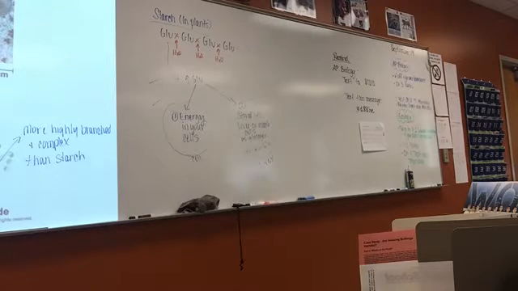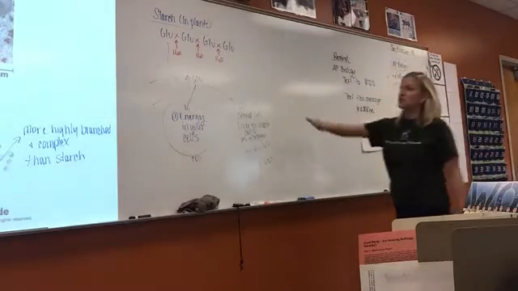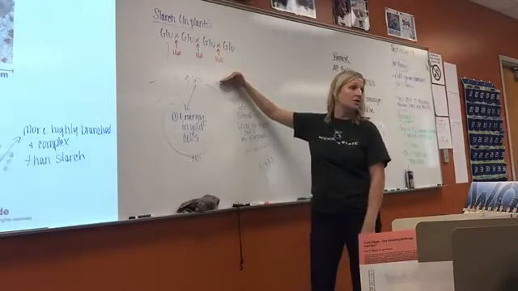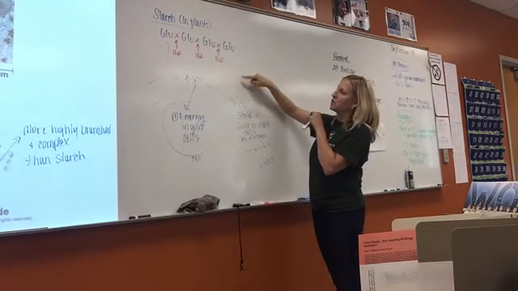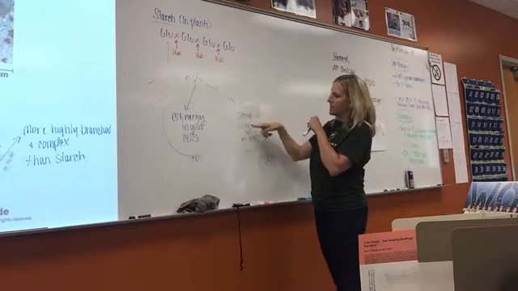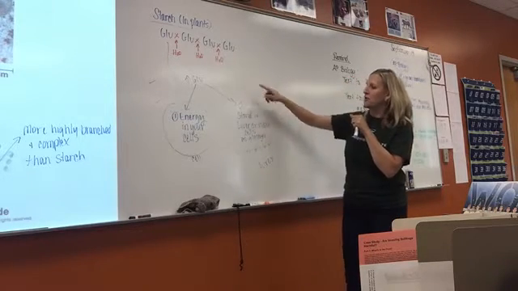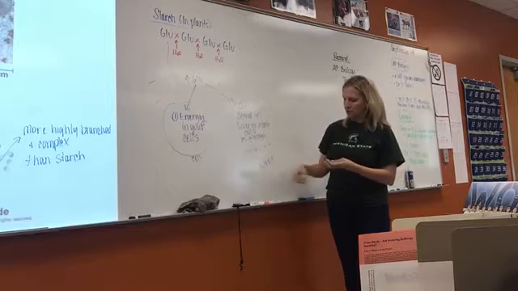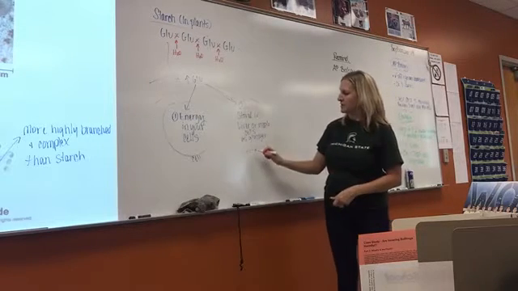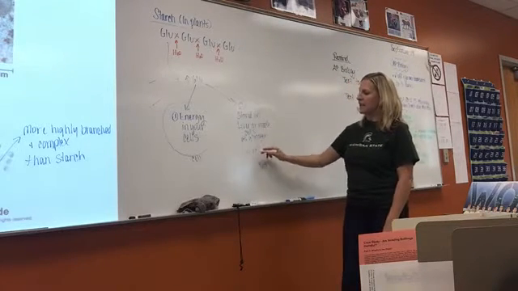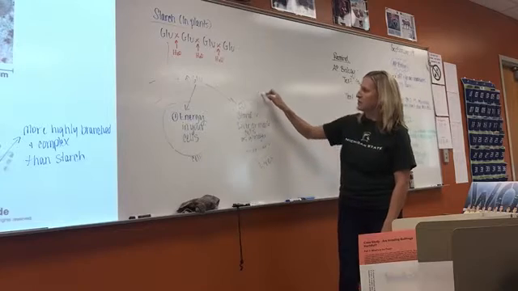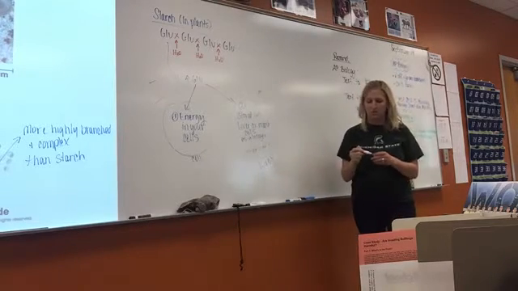And the purpose of that is that we store that glucose for later, for let's say you fasted for a while, you haven't eaten. And so you don't have a high amount of glucose in your blood. When you haven't eaten, the low blood glucose level triggers your liver, and there are enzymes in there that will break down the bonds between the glucose molecules, take that glycogen and break it down and put glucose back into your bloodstream.